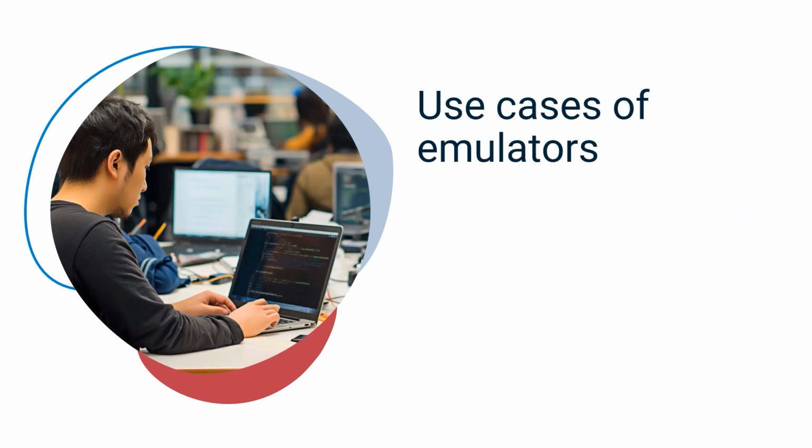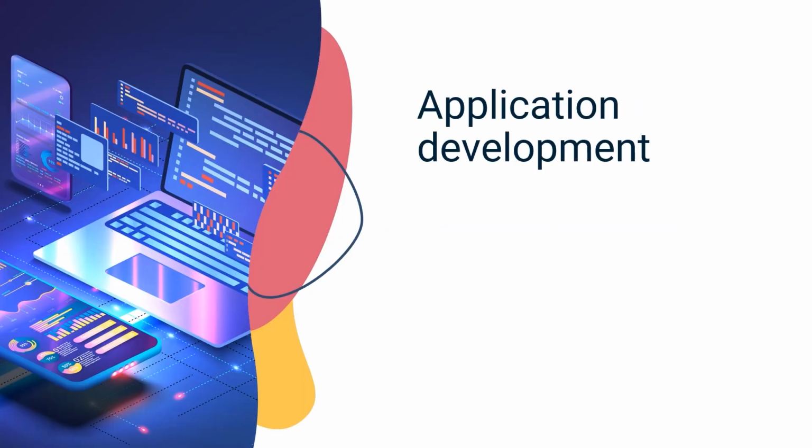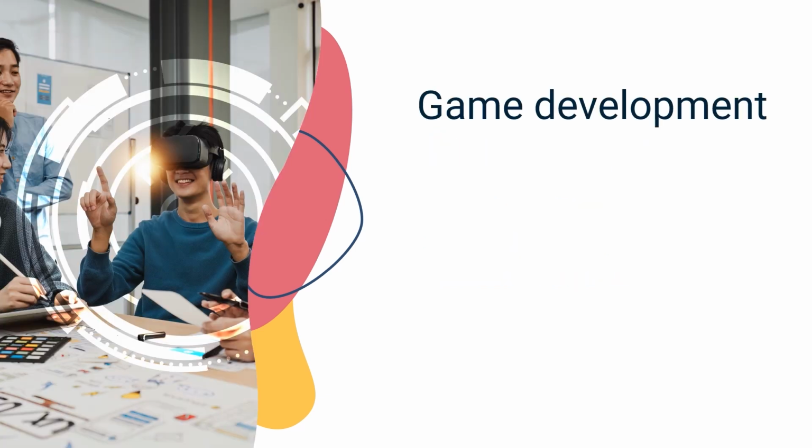Each emulator provides unique strengths to its users. The selection of an ideal emulator depends upon the specific needs of the developer. For developers engaged in application creation, the Android Studio emulator is an excellent choice. It provides comprehensive debugging tools and integrates seamlessly with various development environments. For game developers, emulators such as BlueStacks and Nox Player offer optimized performance for gaming scenarios.